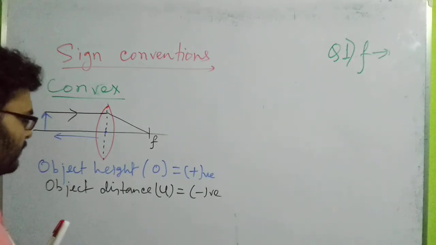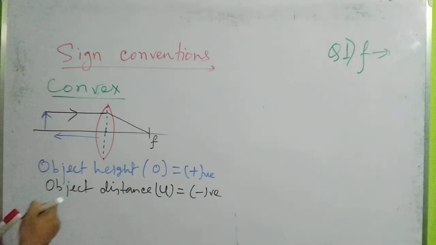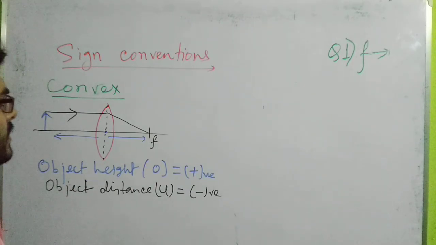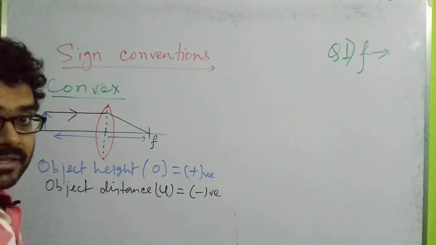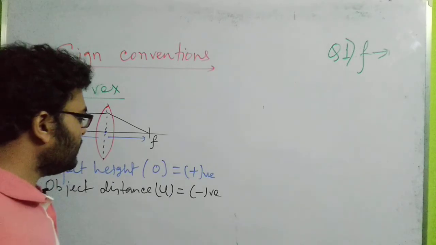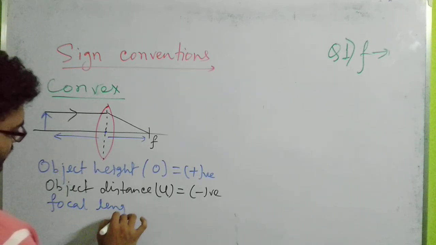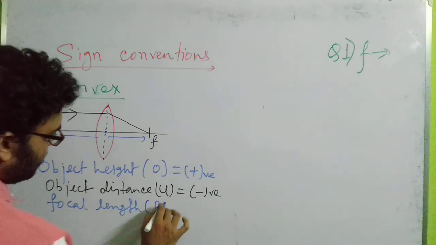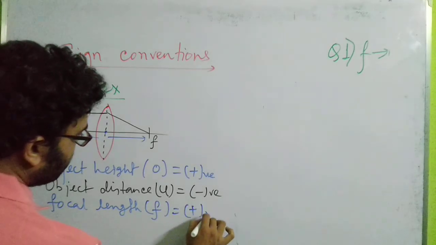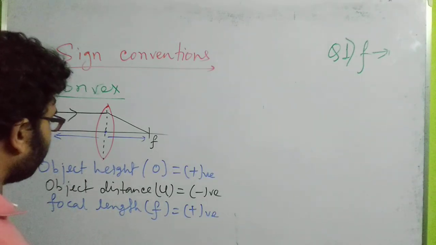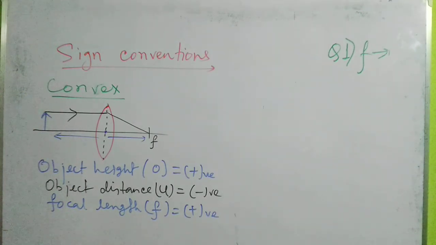Now if you want to measure the focus, you have to go in this direction, that is in the direction of the incident ray. So when you are going in the direction of the incident ray, then that distance is taken to be positive. So again, focal length denoted by the letter F is positive. So object height, object distance, and focal length are all positive.